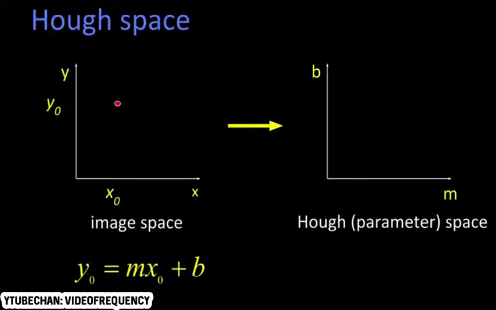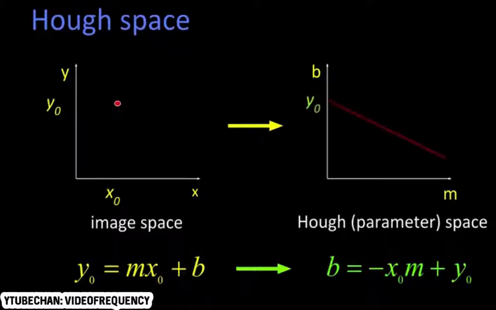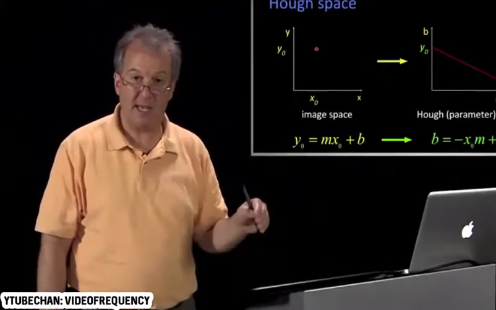In order for it to go through the point x0, y0, it has to have an m and b such that this equation holds. Well, with some very simple algebraic rearrangement, that becomes b is equal to minus x0m plus y0. That's the equation of a line in mb space. In fact, it's a line with slope negative x0 and intercept y0. Okay, so the idea here is that a point in image space is a line in Hough space.